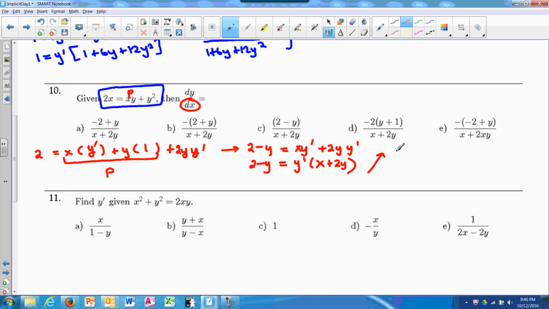So the left-hand side divided by the product term, x plus 2y, is equal to my y prime. So I'm looking for x plus 2y to be on the bottom, a positive 2 and a negative y. So C.